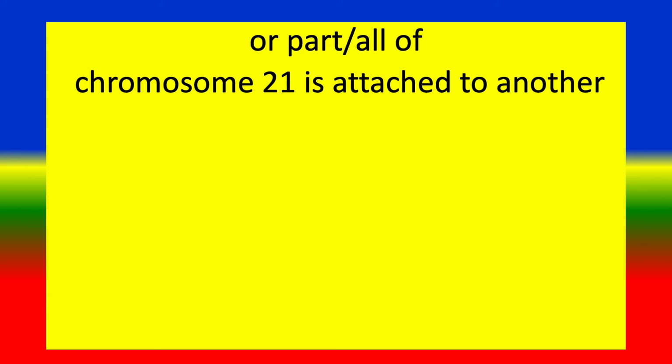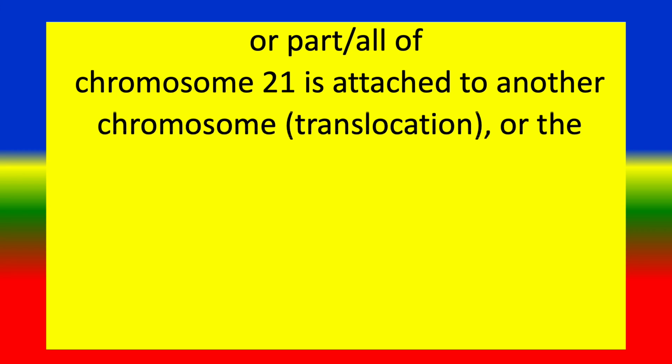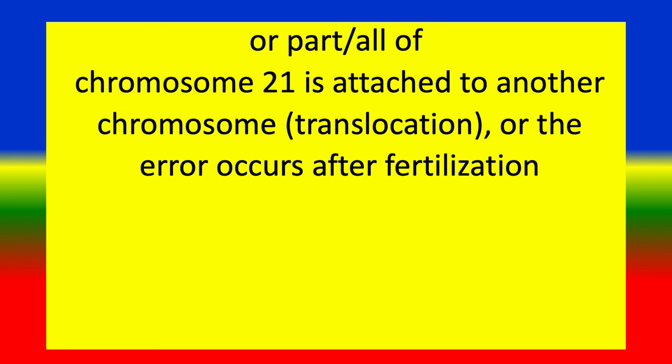Or part or all of chromosome 21 is attached to another chromosome, translocation. Or the error occurs after fertilization, mosaicism.